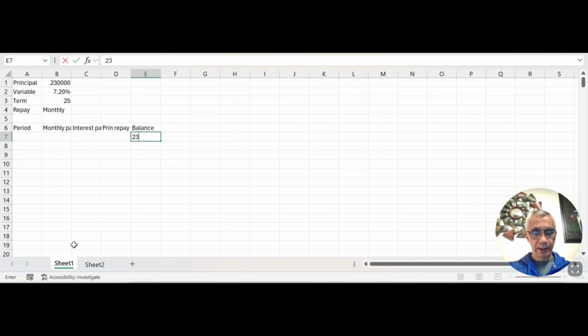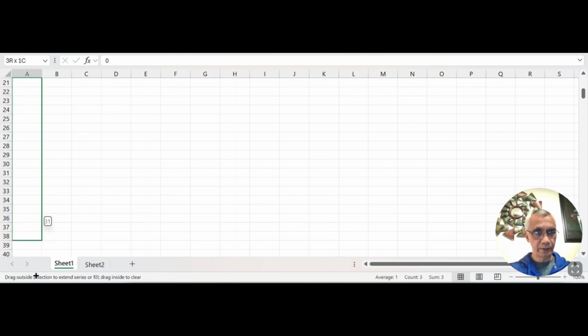All right, at the start, we will have a $230,000 loan. Let's put that as month 0, and then we go month 1, month 2, and then we should have 25 times 12 is 300, so we should have 300 rows.